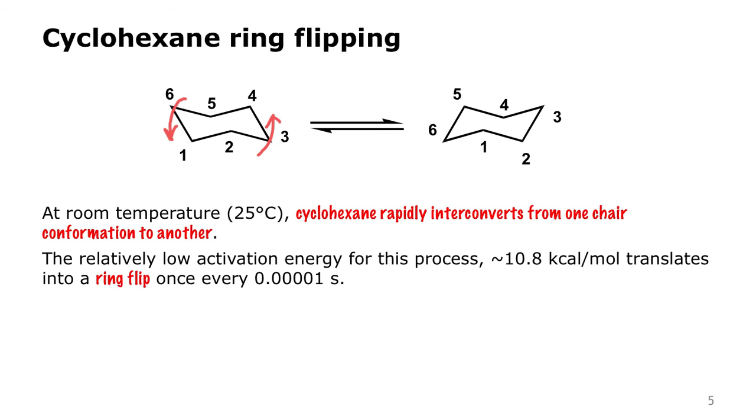There's a relatively low activation energy to this process, just about 10.8 kilocalories per mole. Because there's so much energy available at room temperature, that low energy barrier means this interconversion is happening very, very rapidly, roughly once every 100,000th of a second, back and forth, back and forth, back and forth at room temperature.